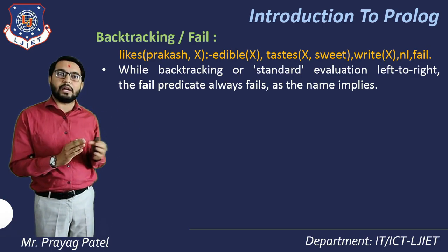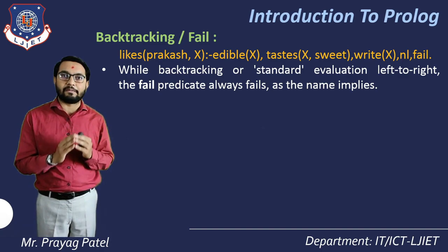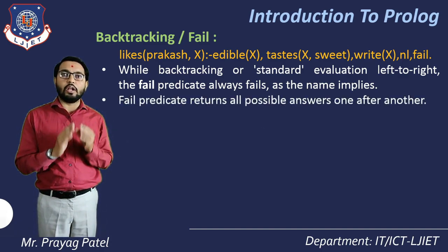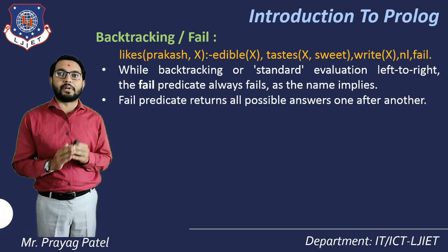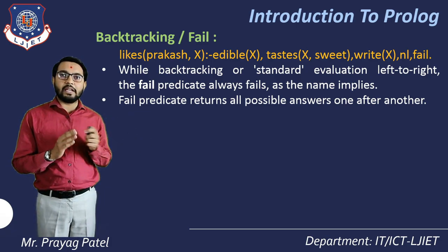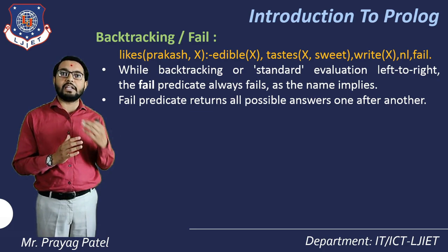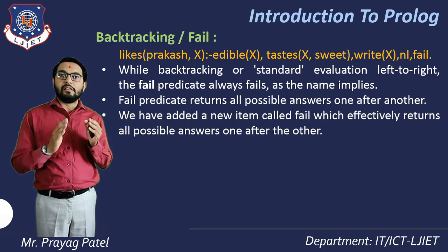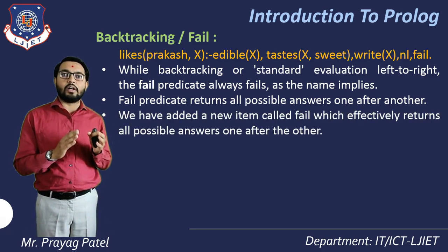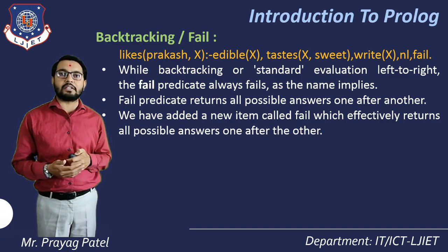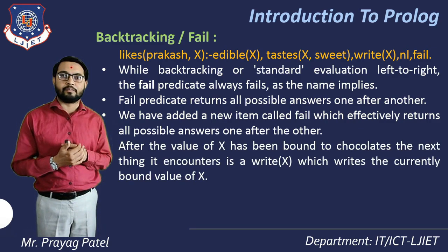So if the statement is not satisfied, then the result is a fail. Next, the fail predicate returns all the possible answers one after another. So basically the fail predicate is used to find each and every possibility. We have added a new item called fail, which effectively returns all the possible answers one after the other.